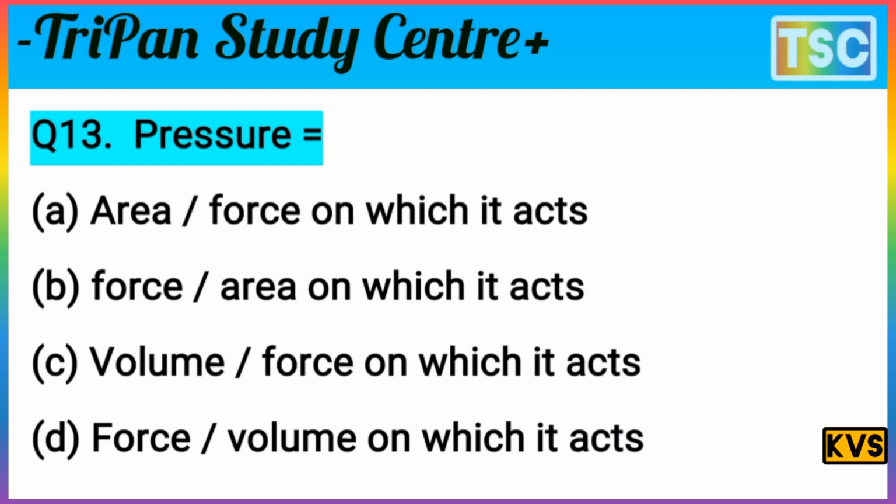Force upon area on which it acts, that's the correct answer. It means option B is correct here. Pressure is equal to force upon area on which it acts. Option B is correct.